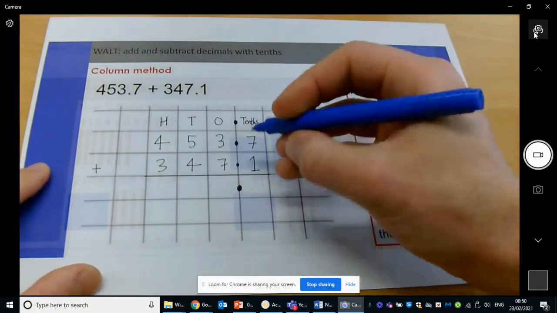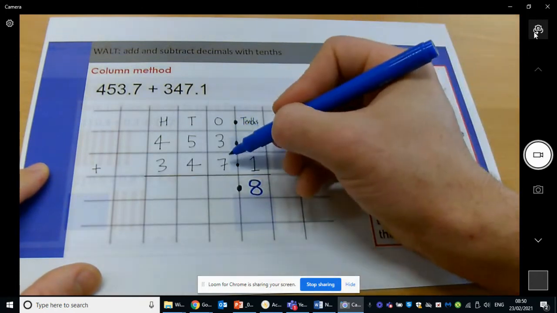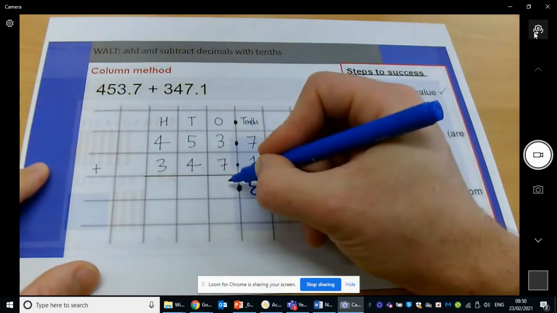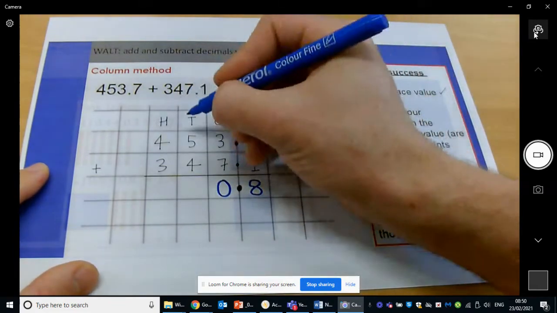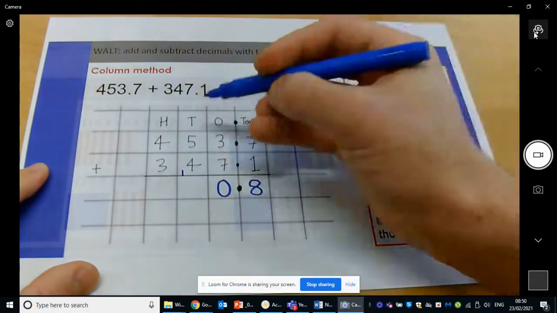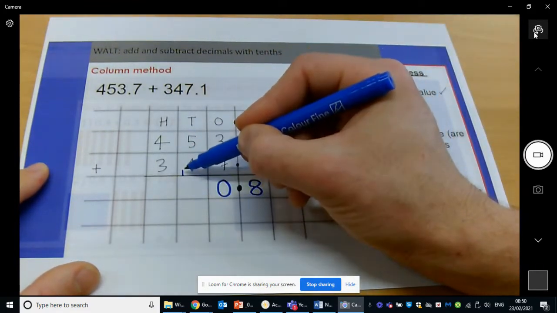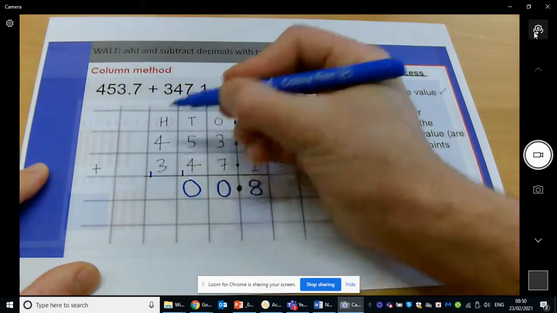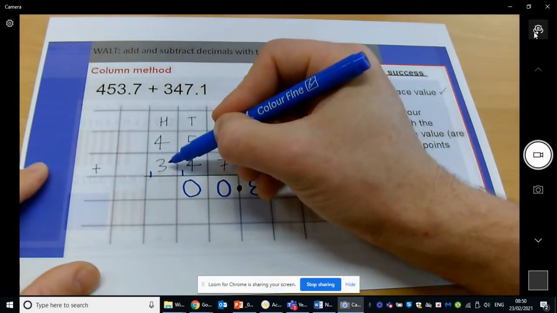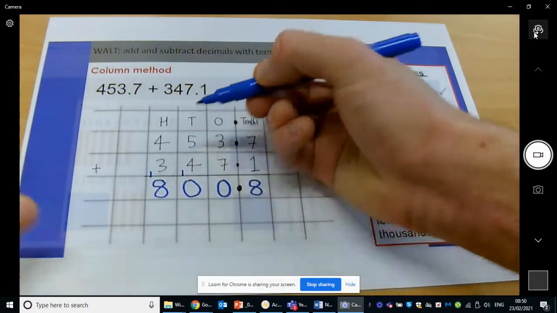So 7 plus 1, 8. 3 plus 7 is 10, so 0. And we can carry the 1 over. 5 plus 4 is 9, plus the 1 that we've carried, 10, so another 0, carry the 1 over. 4 plus 3, 7, plus the 1, 8.